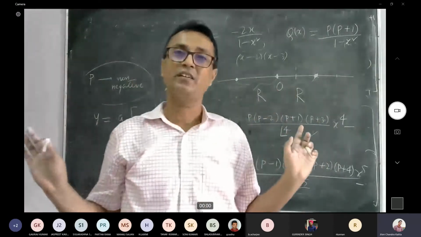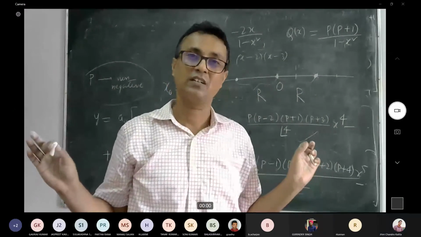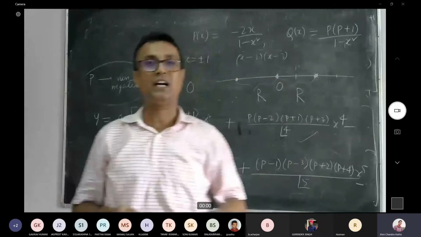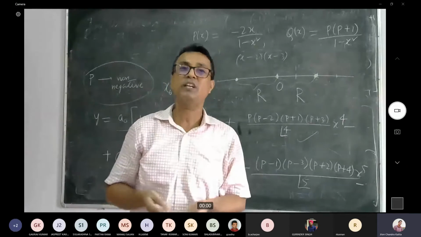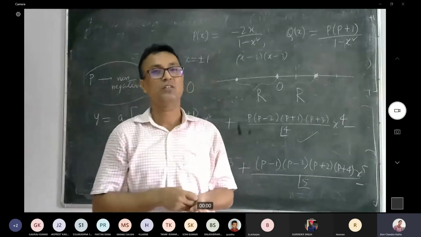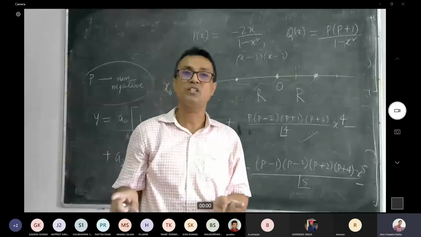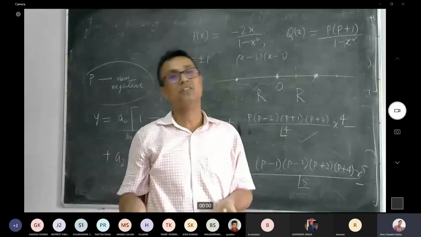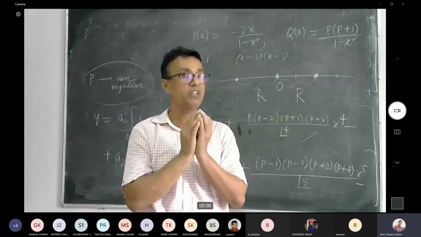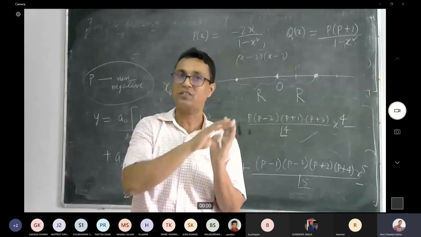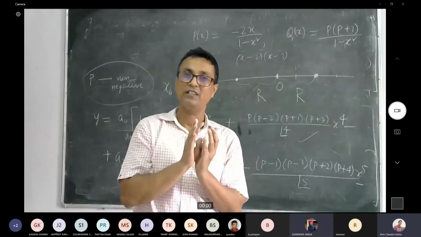So when p is an integer, one of the series is going to terminate at some juncture, whereas the other series remains infinite. One series simply reduces to a polynomial, and the other continues. Is it okay?